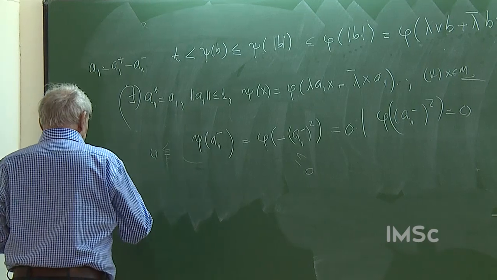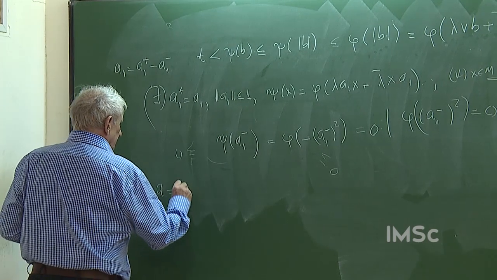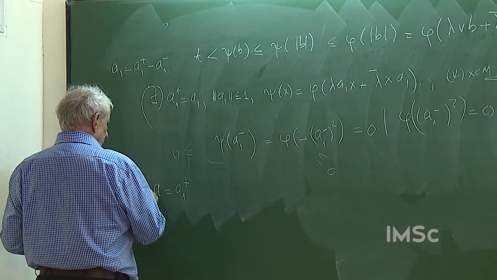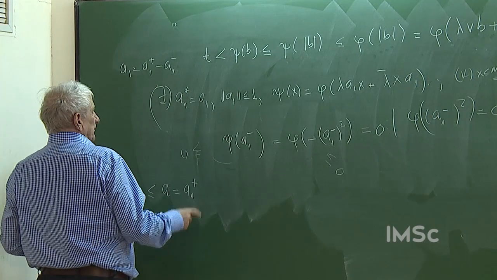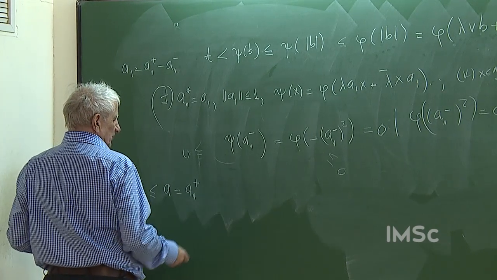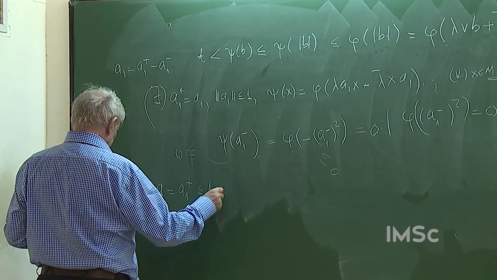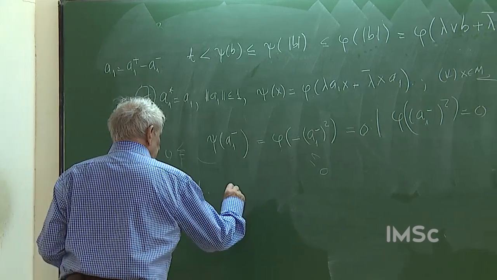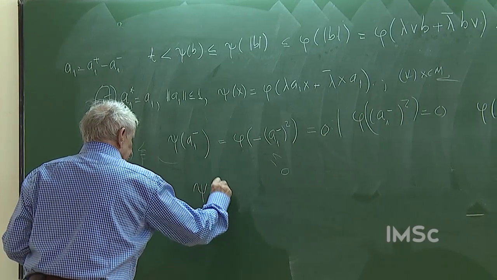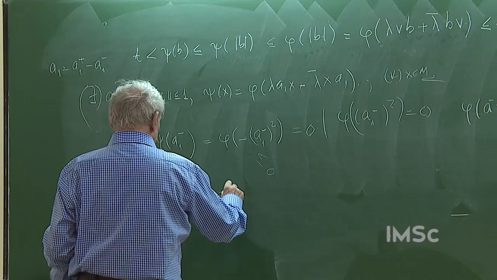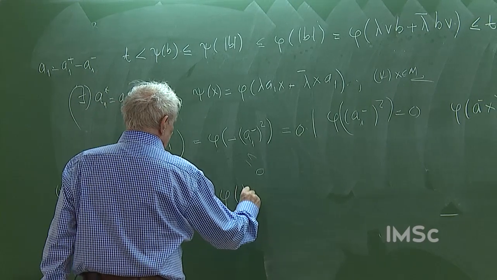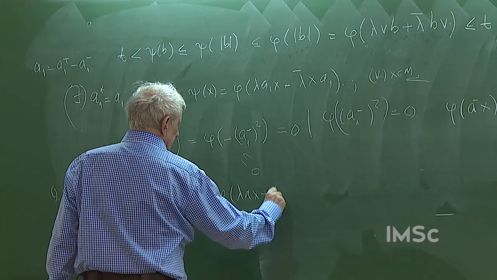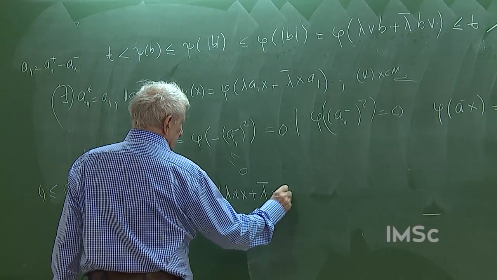Consequently, if I take A as A1 plus, this is a positive element. Because A1 had norm less than 1, this is less than 1. And we have psi of x is equal to phi of lambda ax plus lambda bar xa.